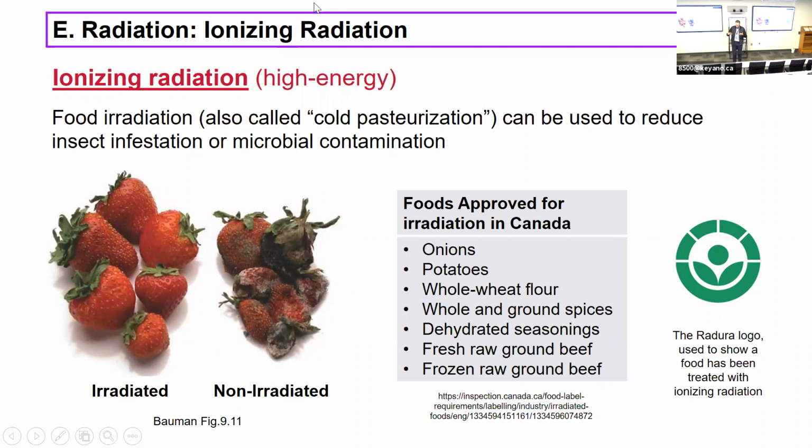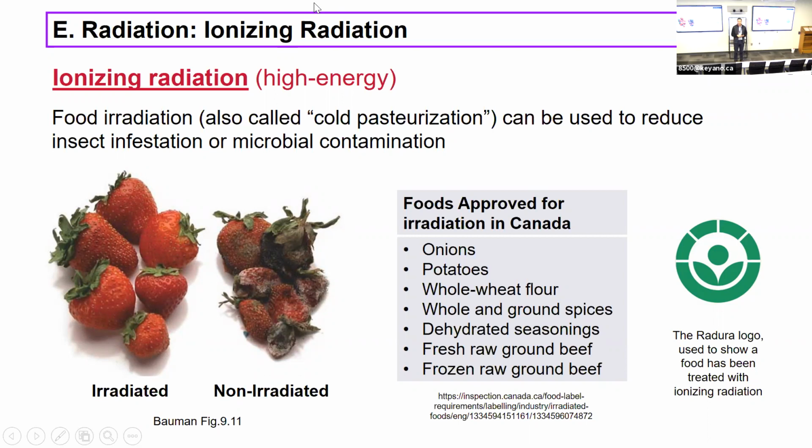So what do you do? You hit it with the radiation, and it's going to kill the fungi, right? And so in Canada, I just looked this up, we have 6 types of food that are approved for food irradiation. So onions, potatoes, whole wheat flour, whole and ground spices, dehydrated seasonings, fresh and frozen ground beef. I'm not sure why those foods in particular are approved, and why not other foods.